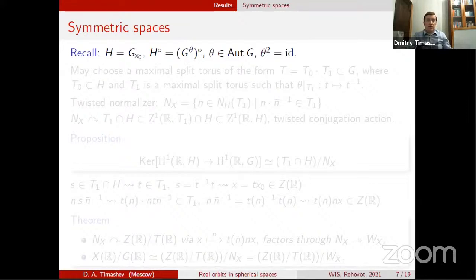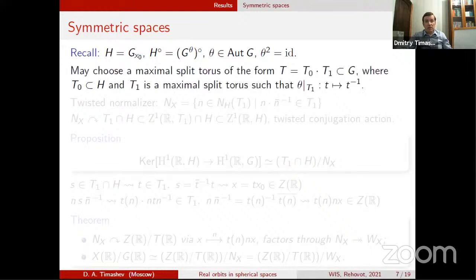Recall that in this case, the stabilizer of the base point is a symmetric subgroup, that is a fixed point subgroup of some involutive automorphism of G up to connected components. So it follows from the structure theory of symmetric spaces, of complex symmetric spaces defined over real numbers, that you may choose a maximal split torus in G of some special form.